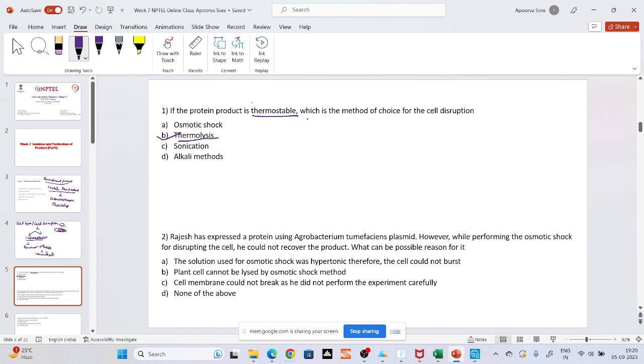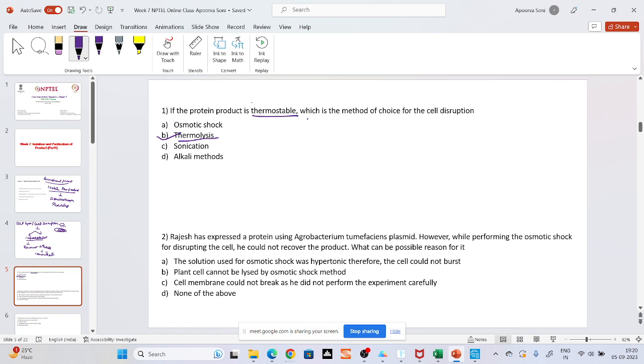But it's not that you have to go for thermolysis only because your protein product is thermostable. It depends on many other factors. The basic criterion is that thermolysis can be used only when your product is thermostable. But a thermostable product can also be purified or disrupted by other methods, if you are getting better recovery from any other method.